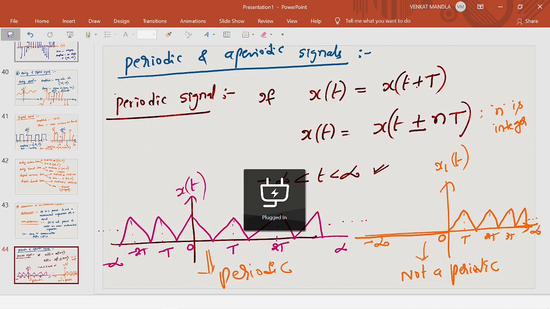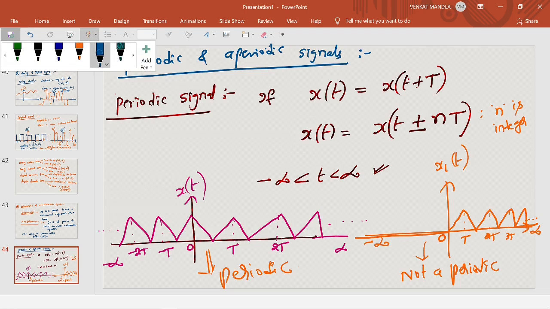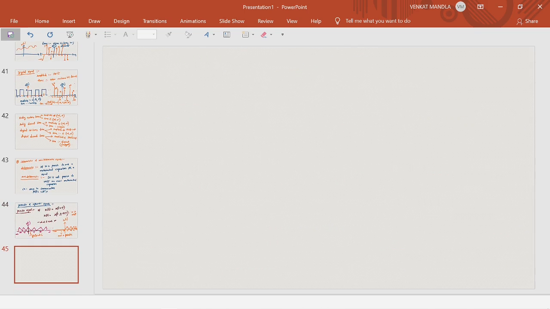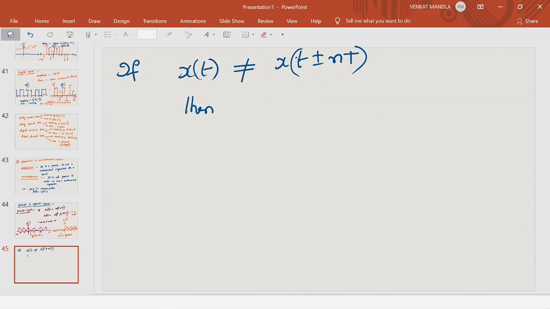If it is not satisfying this condition, that is, if x of t is not equal to x of t plus or minus n times capital T, then x of t is aperiodic. That's it.